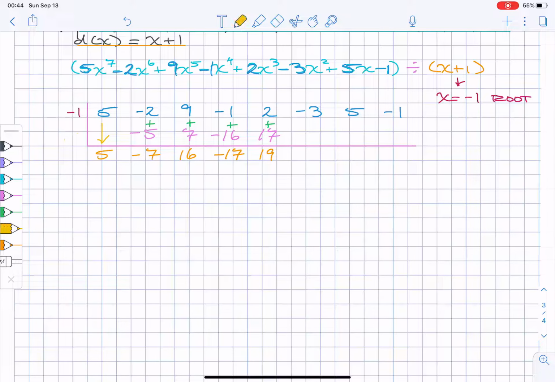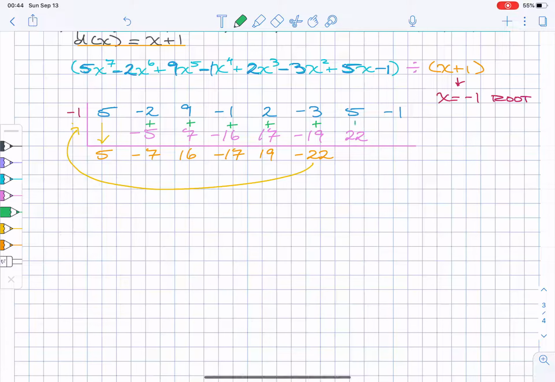So 19 times negative 1 is going to be negative 19. I'm going to add this column together. Negative 19 plus negative 3 is negative 22, if I did my math right. So I'm going to go ahead and start again. Negative 22 times negative 1 is going to be positive 22.